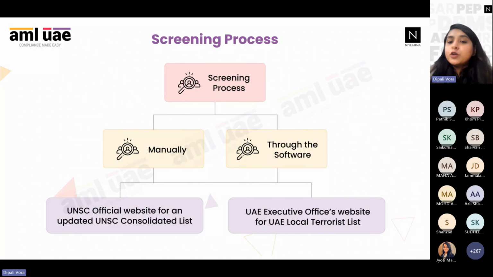If you are doing it through software, these lists are mandatorily required to be covered. But in addition to that, you would be able to screen a lot of other sanction lists also, including adverse media and social media. So it would be an automated process.